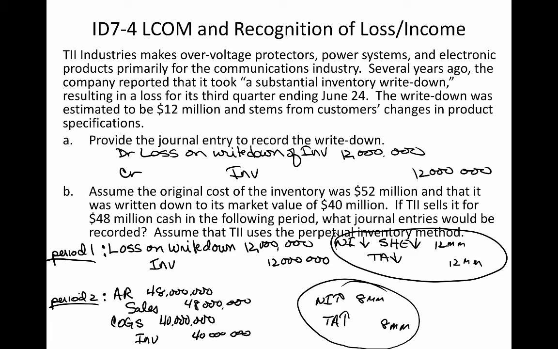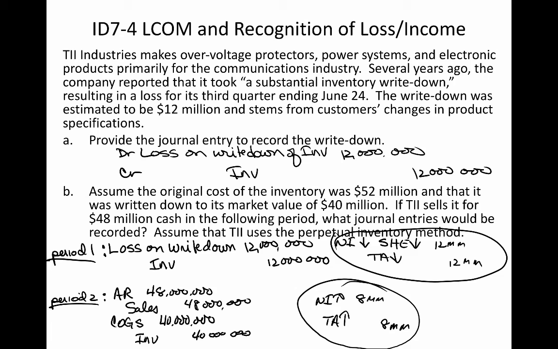Here's an example of a company that took what we call the big bath. In other words, they took a big write-down. And a lot of times companies, when they change management teams or change product focus, will take these big write-downs.